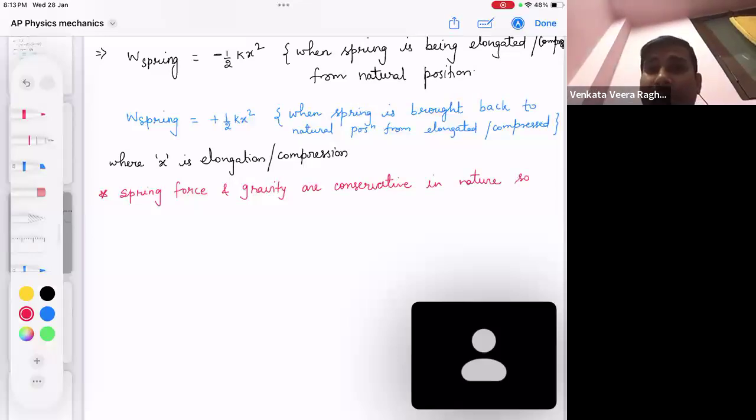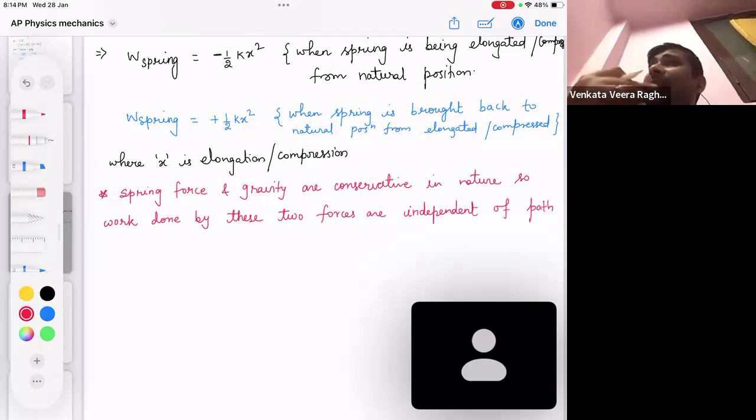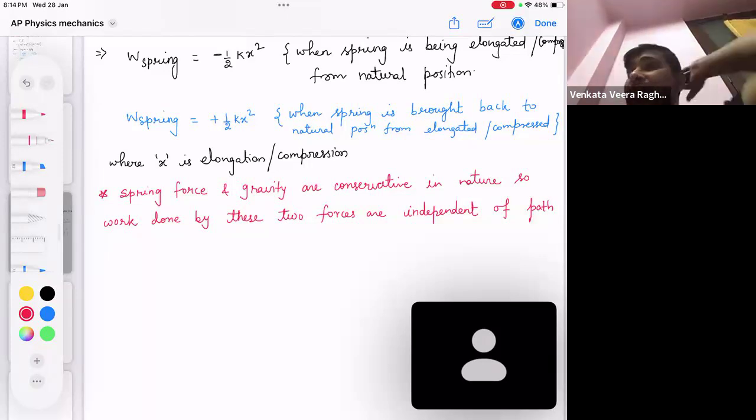So work done by these two forces is independent of path. But other forces which are non-conservative, their work done will depend on path, like friction, tension, normal. These are non-conservative forces. So these forces' work done will depend on the path.